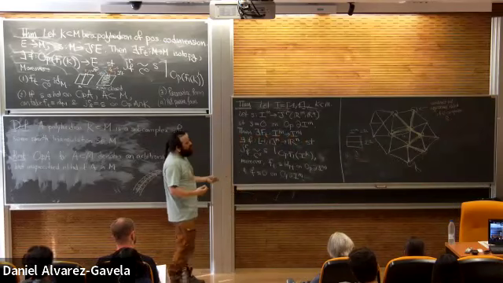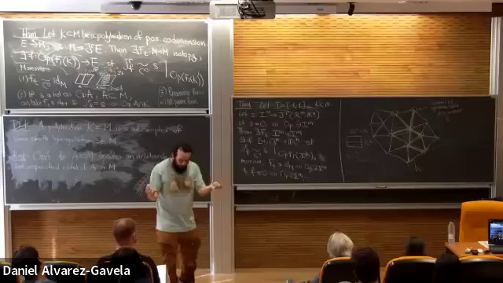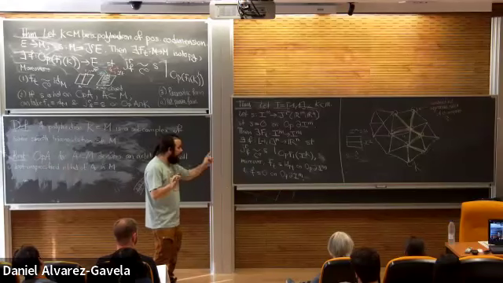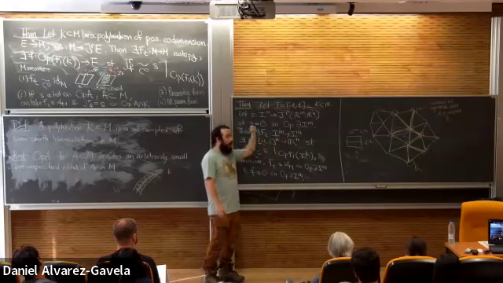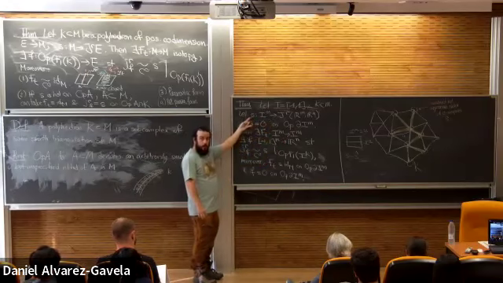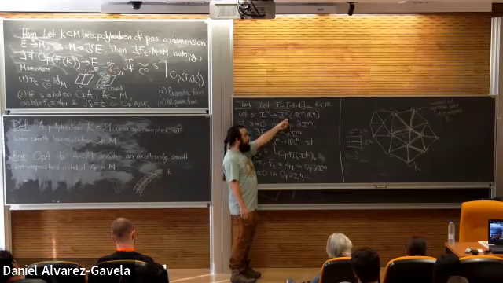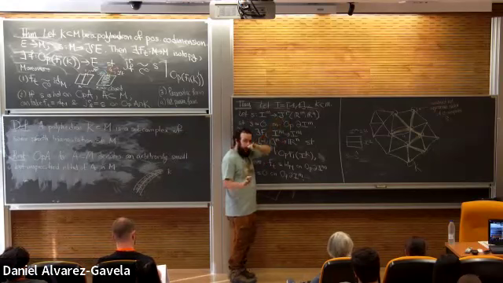Jet bundles don't have a canonical vector bundle structure. They have affine bundle structures, but I can't really take these differences. But over a contractible subset, I can trivialize the jet bundle, and then everything with respect to that trivialization happens in the jet space of maps from Rn to Rn. And then I do know how to take differences. So I can make this precise.